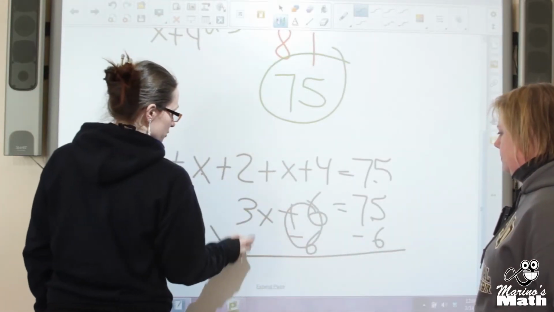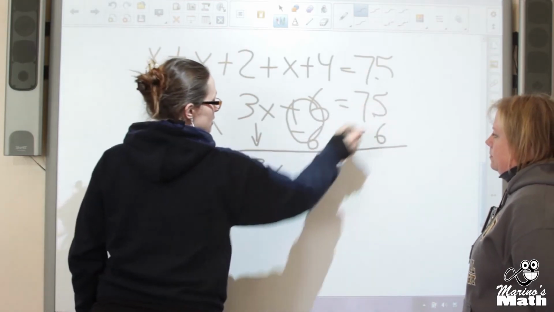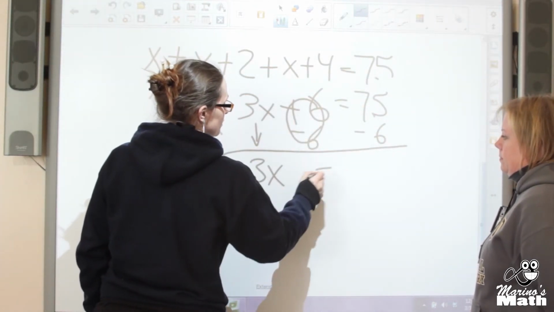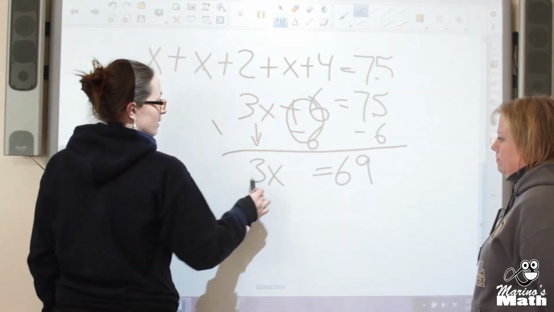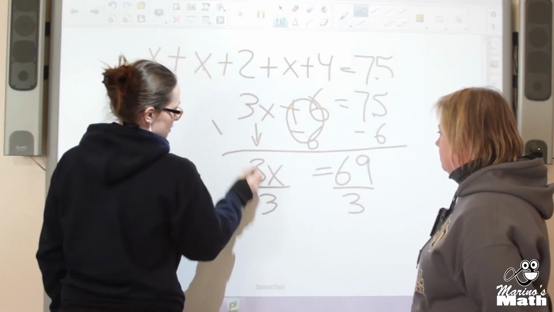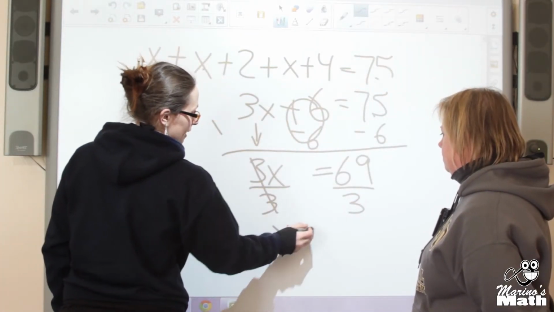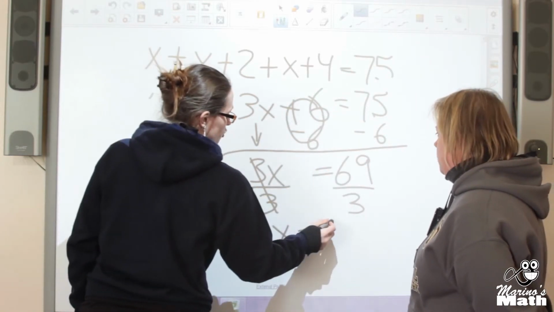These ones become 0. The 3x comes down. 75 minus 6 will give me 69. And if I divide these by 3, this becomes a 1. It's just x. 69 divided by 3 is going to give me 23.